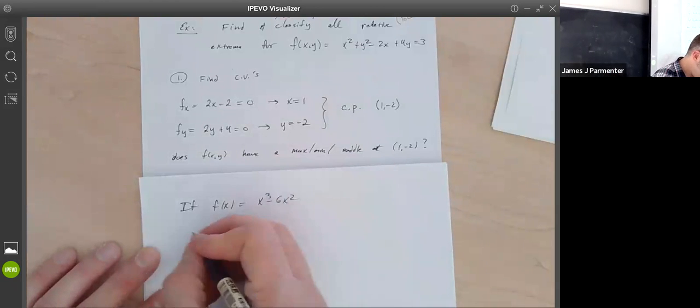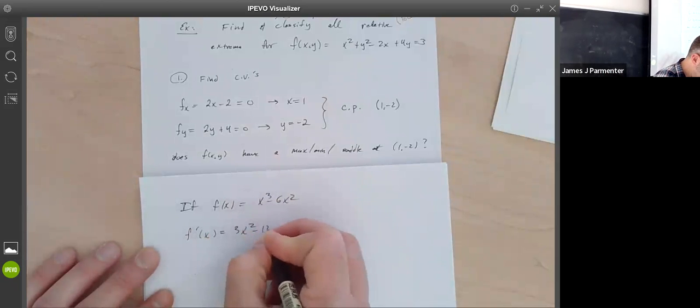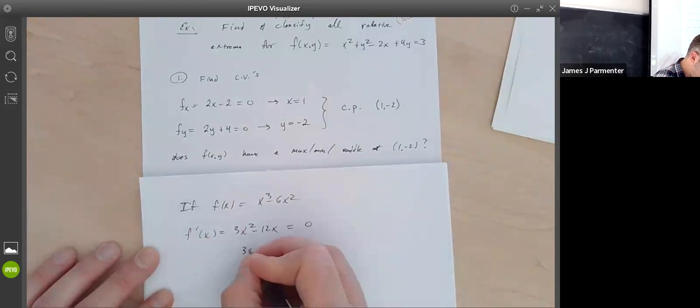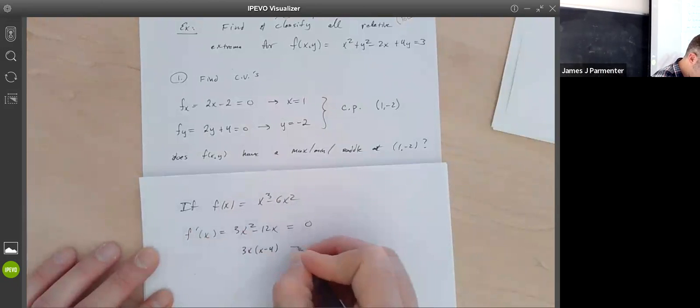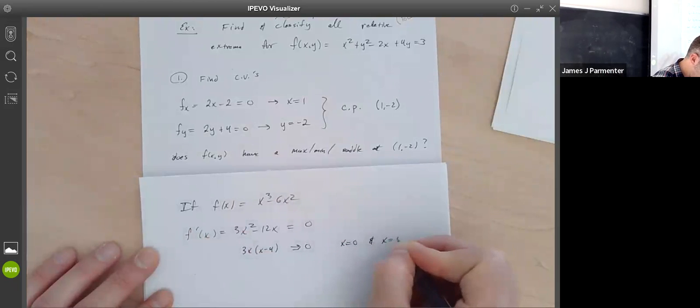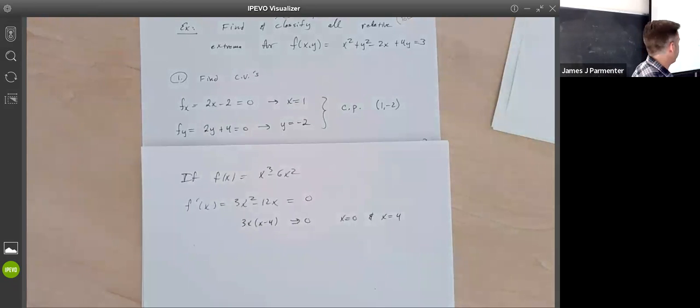So if this was our function, here's the derivative, 3x squared minus 12x. And if we set it equal to 0, our critical values are x equal to 0 and x equal to 4. Now, one way to tell if you have a max or a min would be to use the first derivative test. You see if it's increasing, decreasing, or decreasing, increasing, and then it's either a max or min.